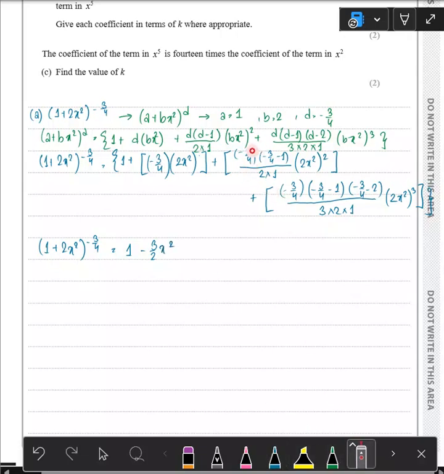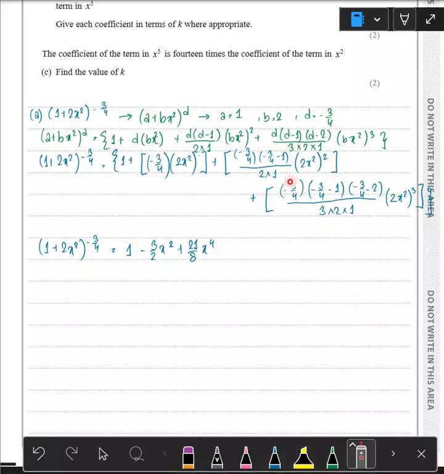If you put negative 3/4 multiplied by (negative 3/4 − 1) divided by 2, multiplied by (2x²)², in your calculator, you will get a value of positive 21/8 x to the power 4. The powers get multiplied, so 2 multiplied by 2 is 4.